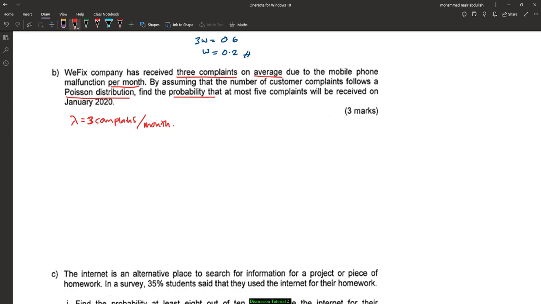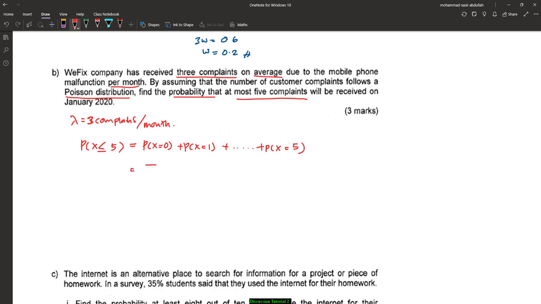Find the probability that at most 5 complaints will be received. So probability of x less than or equal to 5. This is the probability that we want to find. Since this is a Poisson distribution, probability of x equal to 0 plus probability of x equal to 1 plus until probability of x equal to 5.